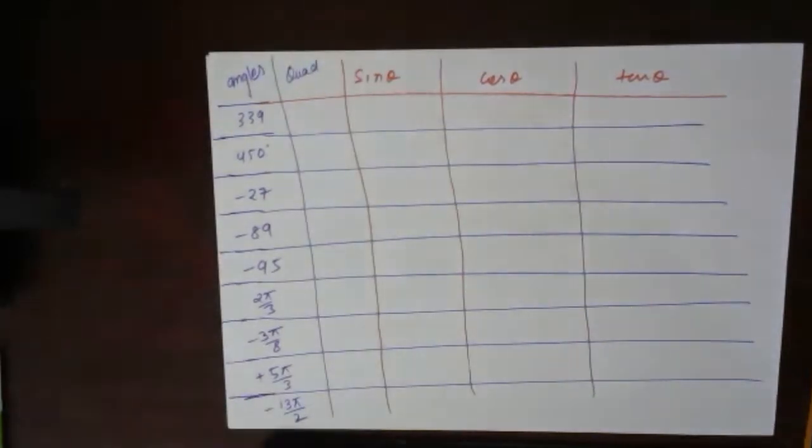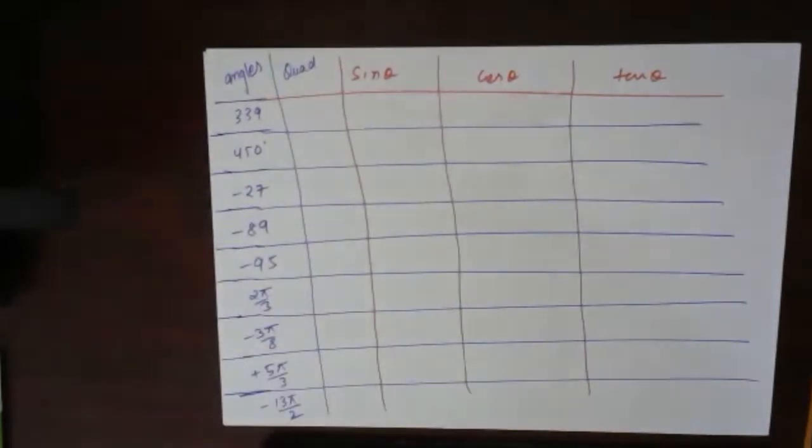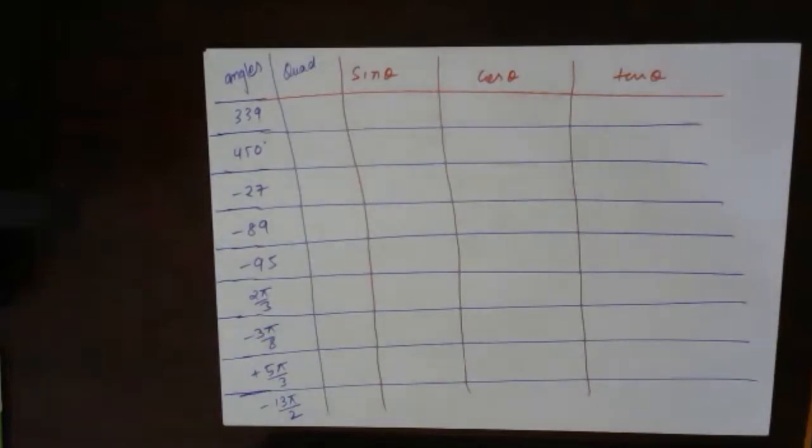Find out in which quadrant these different angles are lying. Right now we will not talk about 90 degrees, 180 degrees, 270 degrees, and 360 degrees.